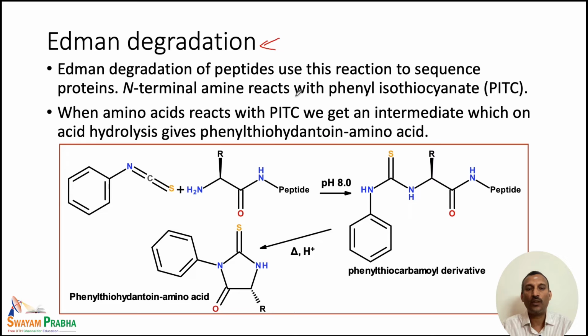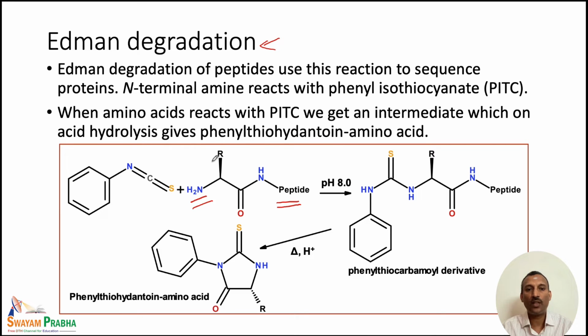For the characterization of peptides, this reaction is generally used. The N-terminal unit is converted in order to identify the sequence of peptides. This reaction is called the Edman degradation reaction. In the Edman degradation reaction, peptides are converted to the corresponding phenyl thiohydantoin amino acid derivatives.